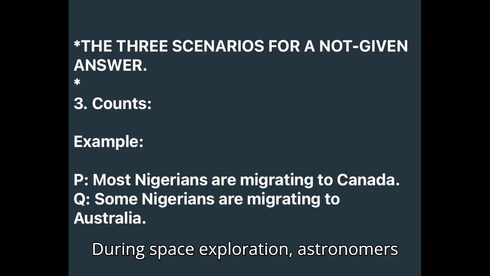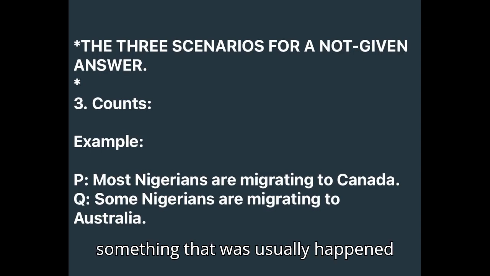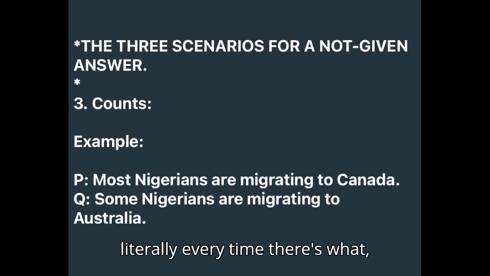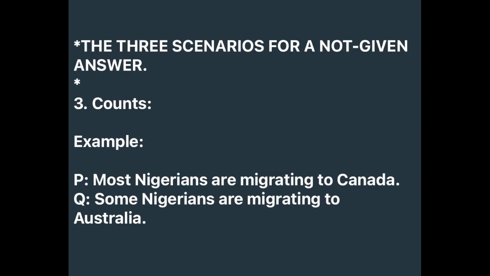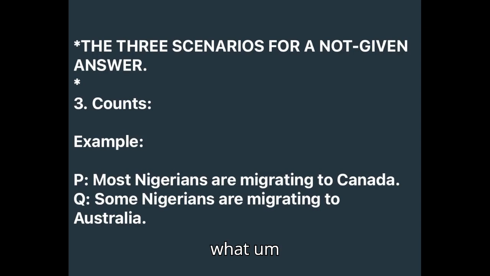During space exploration, astronomers often found something odd. The word often there means all the time. It is a repeated thing. So it is something that usually happens literally every time there's space exploration. And now imagine that is what the passage is saying. And then the question is saying what?